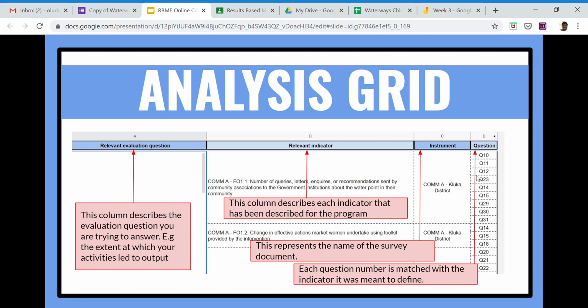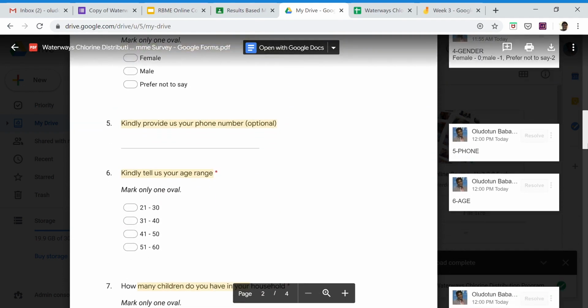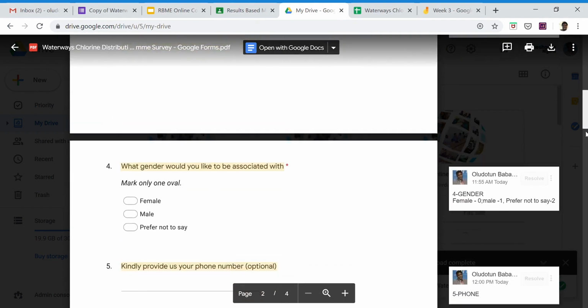Where this becomes interesting is that you have questions that are actually answering the indicators and also answering the results questions you're expecting. Once you are able to build this, it means you don't just create an instrument. While creating your instrument, and I think we discussed this in week 2 when we were creating our instrument, you create the instrument based on your indicators because you need data that would inform those indicators.